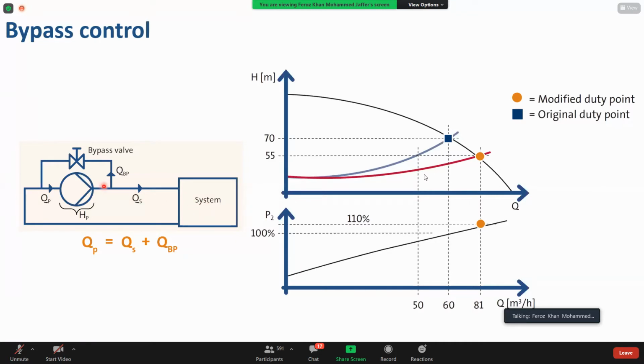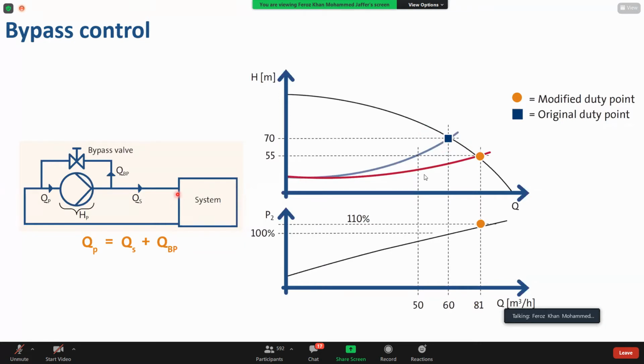But the difference between the original duty point and the modified duty point, this difference of 21 meter cube per hour, will be circulating in this line. So it will not go to the system. So we are not increasing the pressure.